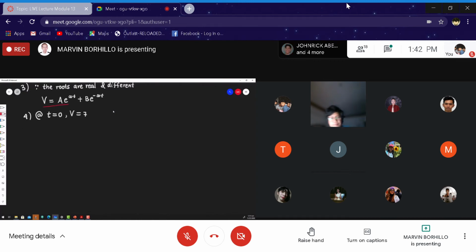Let's use this equation. v is equal to 7. The 7 is equals to A times e raised to omega times 1 plus B times e raised to negative omega times 1.